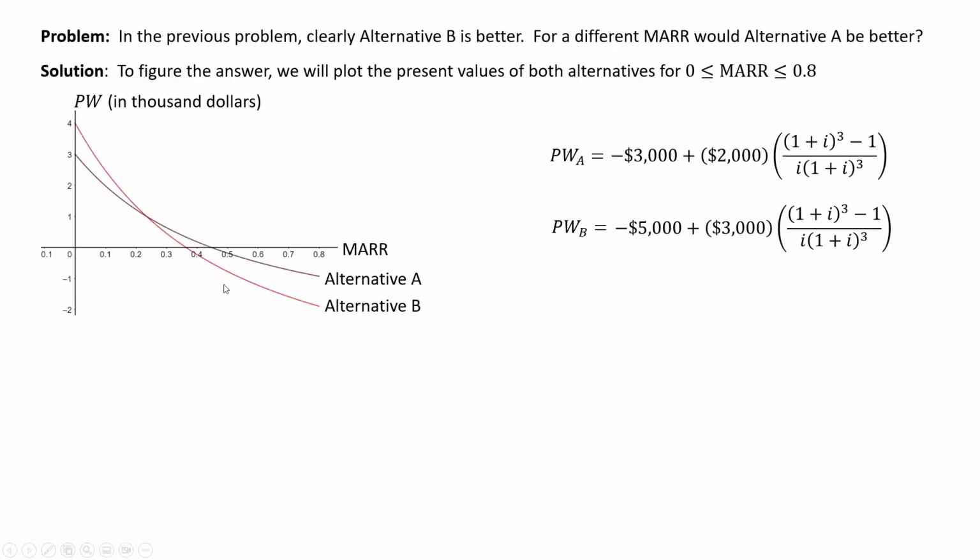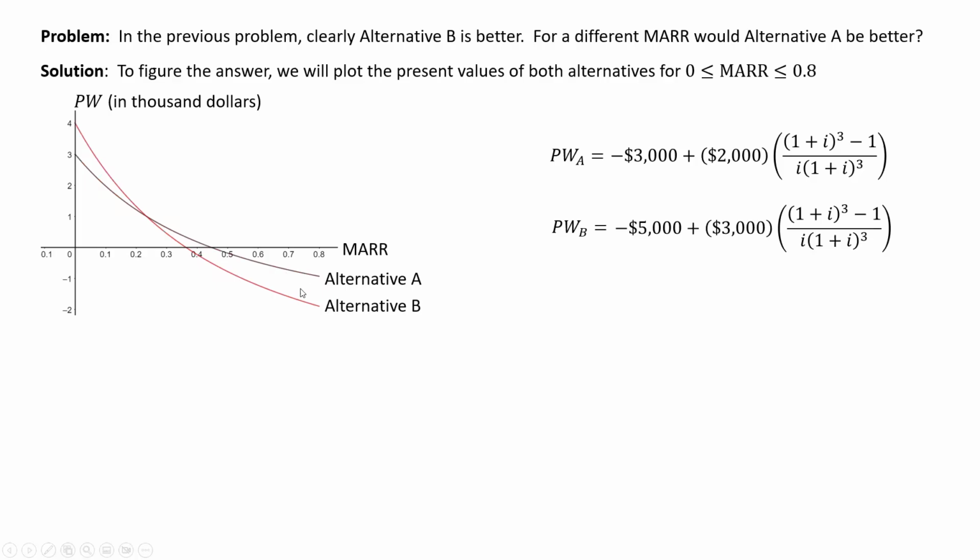What does that mean? That means for those minimum attractive rates of return, the present worth is actually negative. So what should we do? For a MARR greater than 0.45, would you agree that alternative A is still above alternative B? So would you say that we should pick alternative A?